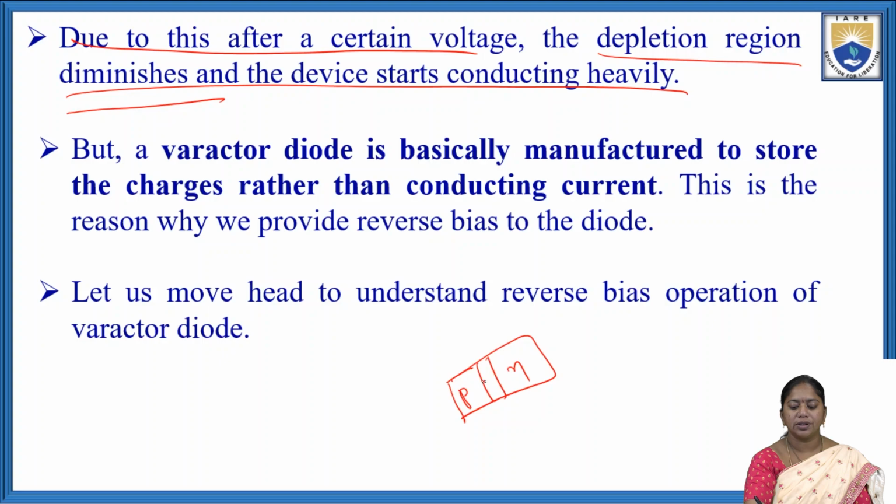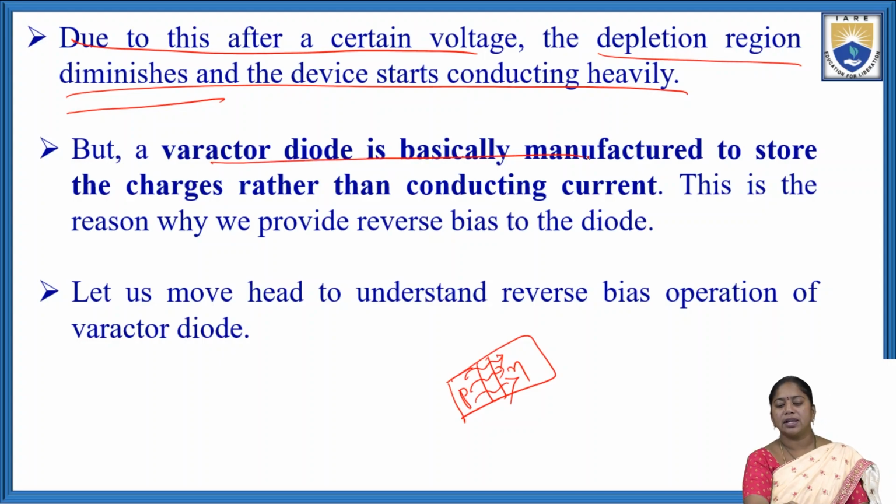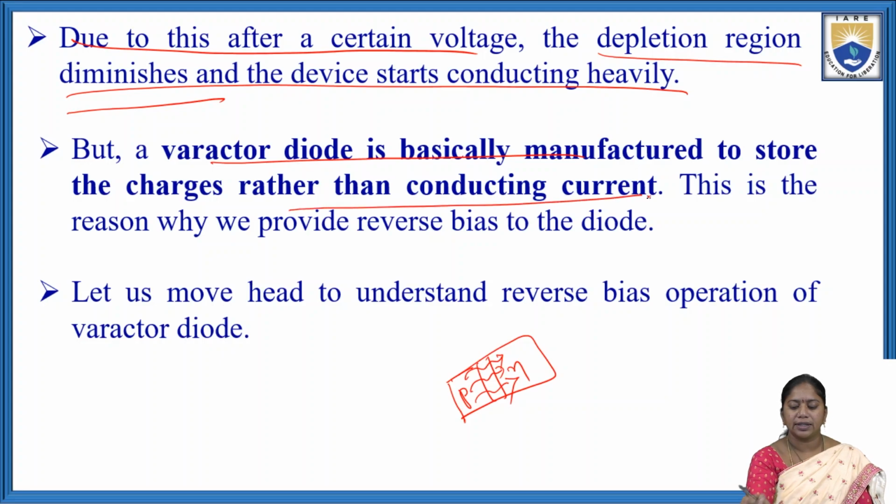If there is no depletion region, the device conducts heavily. But a varactor diode is basically fabricated to store charges rather than to conduct current.